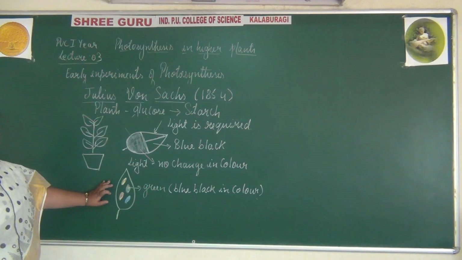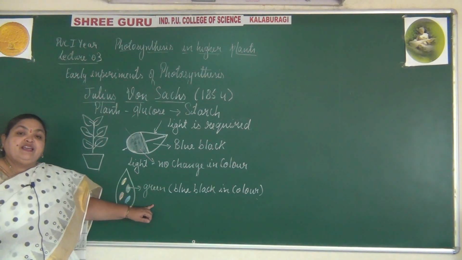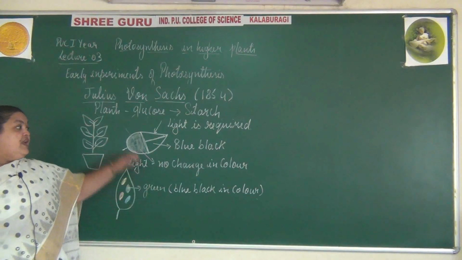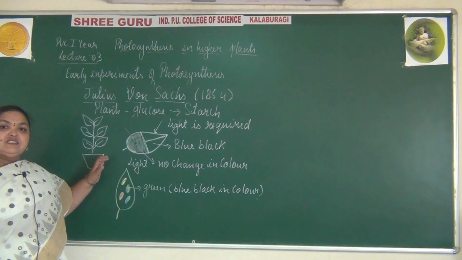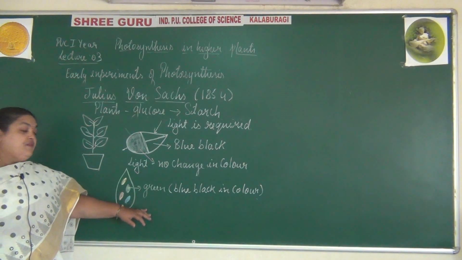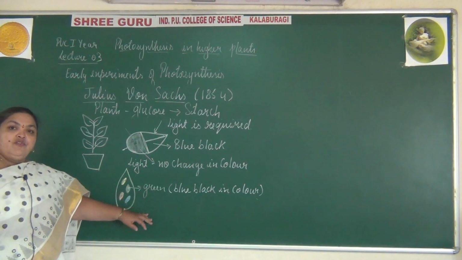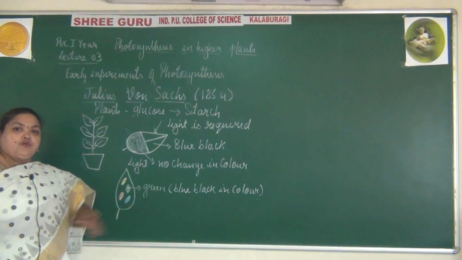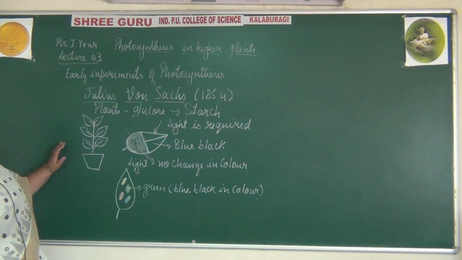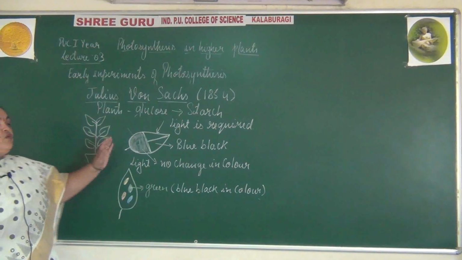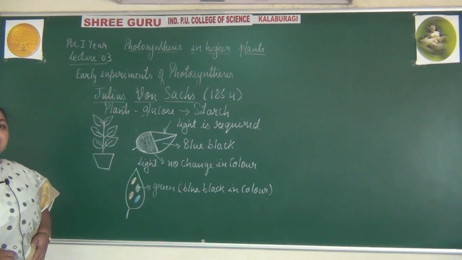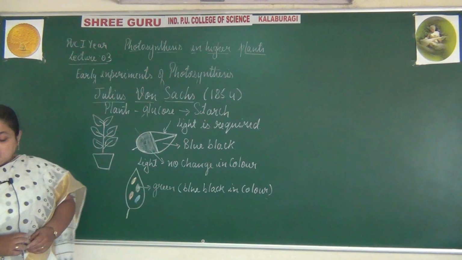This also indicates that chlorophyll is necessary for the process of photosynthesis. By using a variegated leaf, we can say that chlorophyll is necessary for photosynthesis. So this was the experiment done by Julius von Sachs, for the identification of the production of starch during photosynthesis.